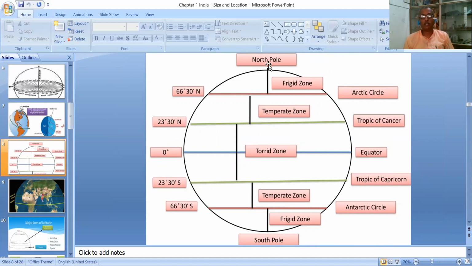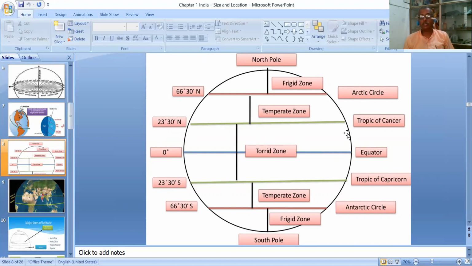Always we have to remember, my dear children, longitude we have divided into east and west, but parallels of latitude are north and south. So this is north and here it is south. The south and north directions of the latitude, this we have to remember. Above the equator, North Pole; below the equator, South Pole. Fine. So 0 degree latitude is called the equator.